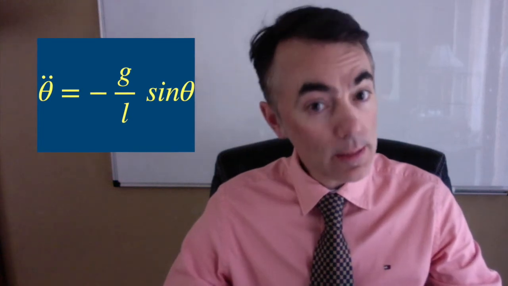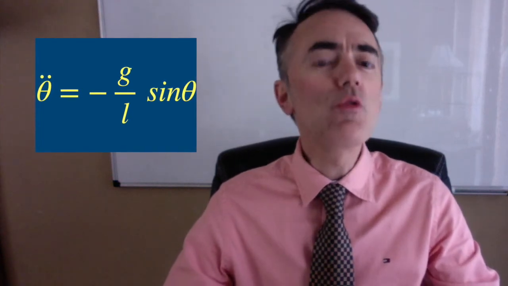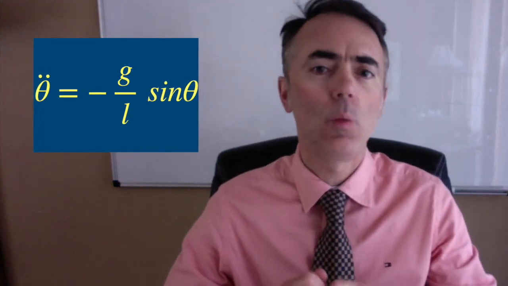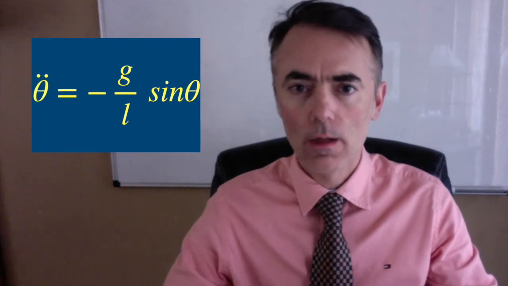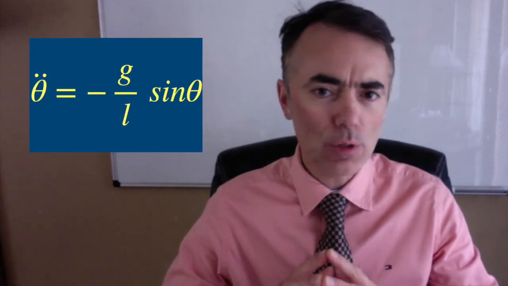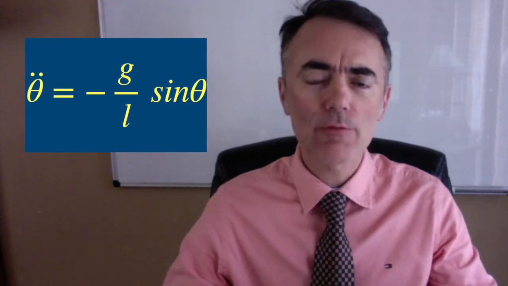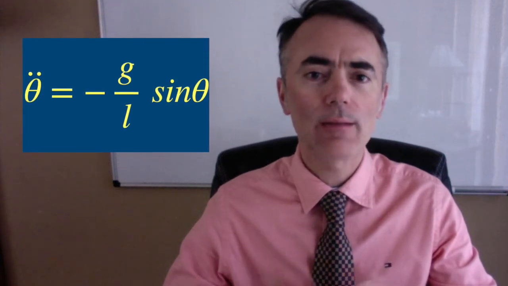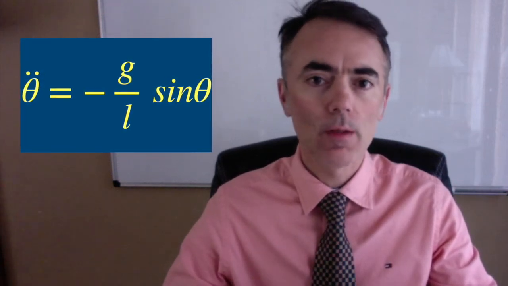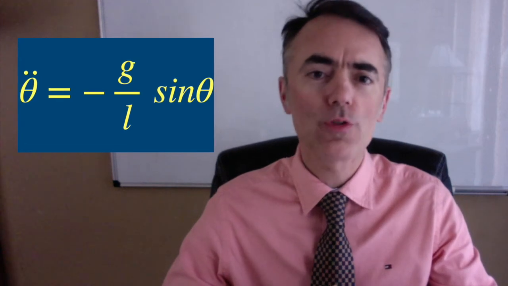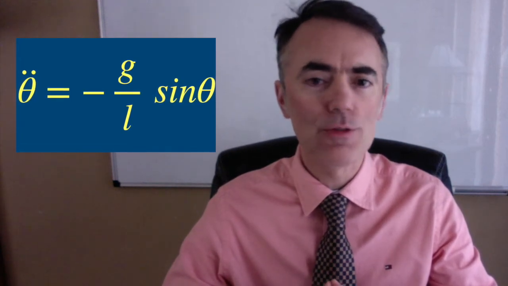But in any case, this differential equation already contains information we can extract. The angular acceleration opposes, with a minus sign, the displacement of the mass from the equilibrium position at theta 0. This is a restoring force that points the bob back to 0.